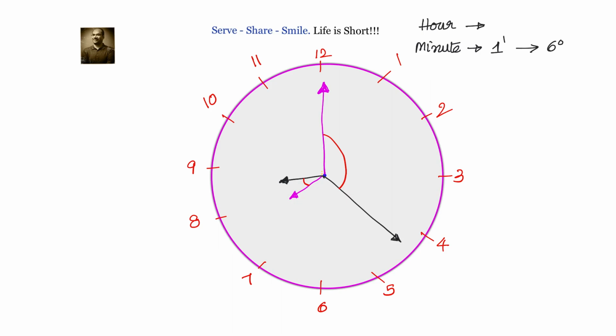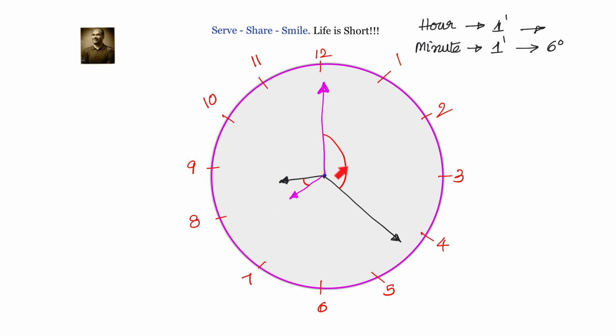Suppose you take the hour hand, in 1 minute how much will it move? Let's understand that also. If you are moving from 8 o'clock to 9 o'clock, the hour hand is at 8 and it will go to 9. That means if the time moves by 60 minutes, the hour hand moves only from 8 to 9, which is nothing but 30 degrees.